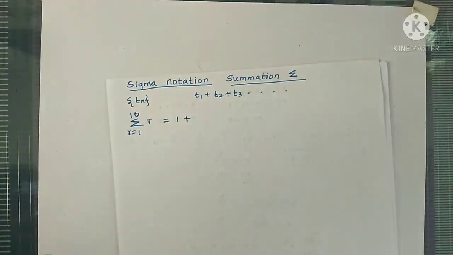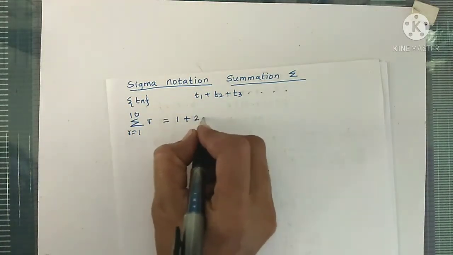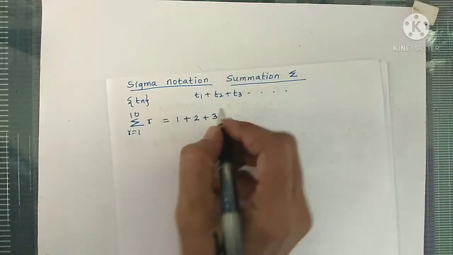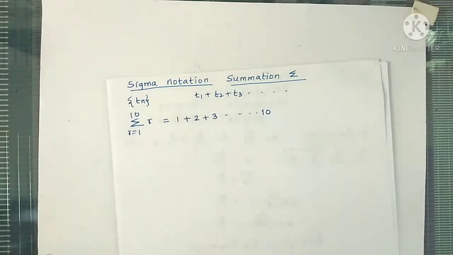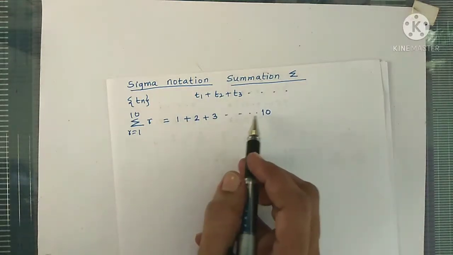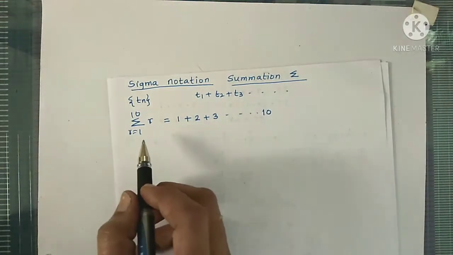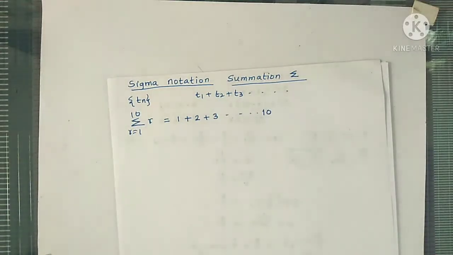Now write plus sign. Then put r equal to 2, next natural number. So 2. Then r equal to 3, then r equal to 4, and the last one is r equal to 10. So to write 1 plus 2 up to 10 in compact form, we can write this as summation r equal to 1 to 10.